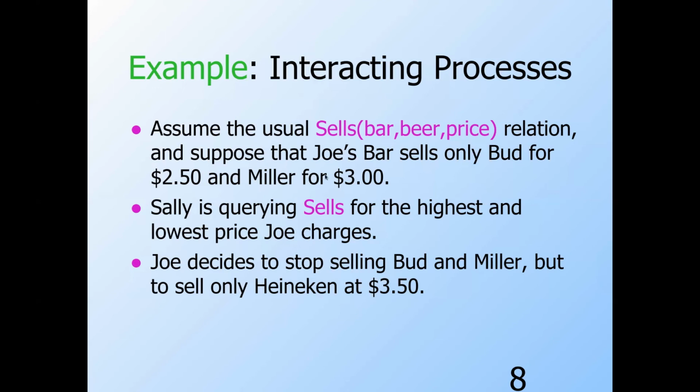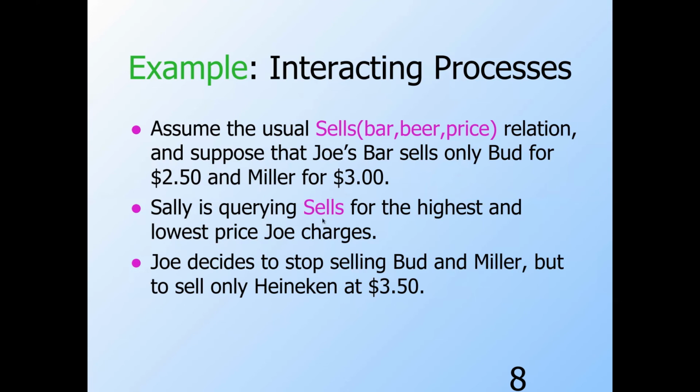Suppose that Joe's bar sells only Bud for $2.50 and Miller for $3. Sally is querying Sells for the highest and lowest price Joe charges. So Joe is only selling Bud for $2.50 and Miller for $3, and the highest and lowest are $3 and $2.50.